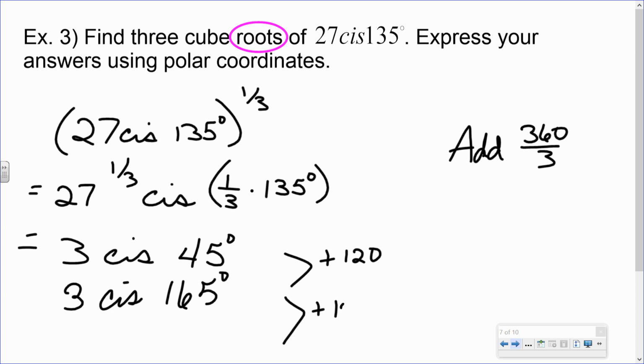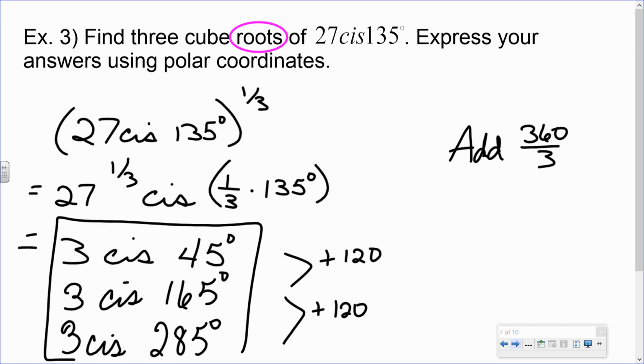And 165 plus 120 is how much? 285. And if I added 120 again, I'm not going to because I have all 3 of them, I would then be at 405, which is the same location as 45 degrees.